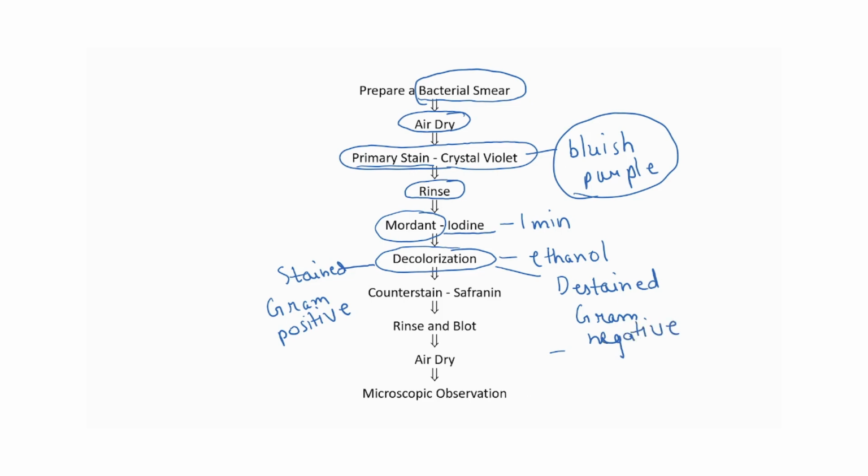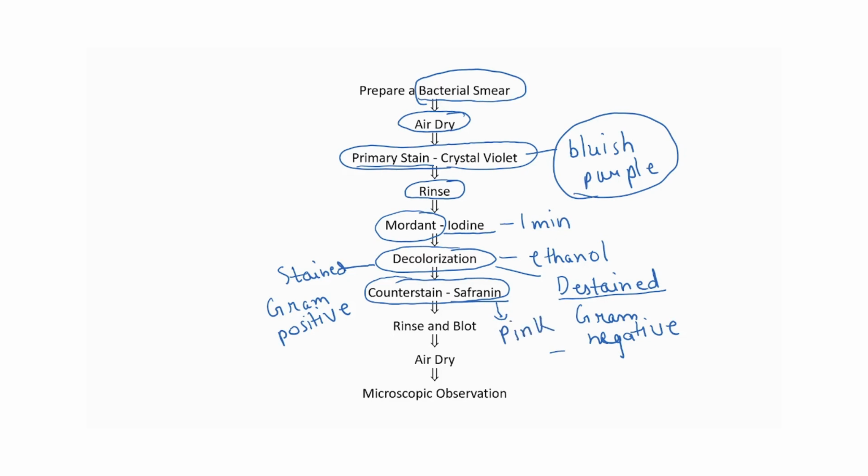After that we give a counter stain, which is safranin. Why do we give a counter stain? Because when some of the bacteria get de-stained, meaning decolorized, they take up this counter stain safranin, which makes the bacterial cell pink in color.